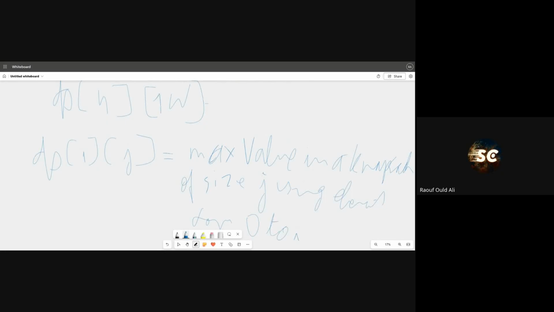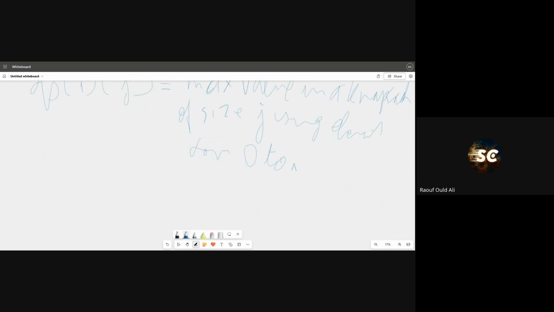Sorry, so this is 1 plus W, actually. Okay? And what is dp[i][j] equal to?